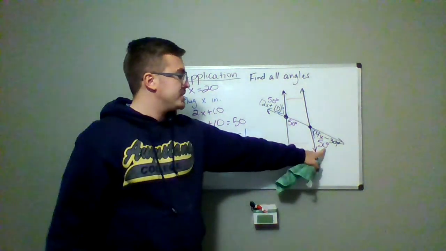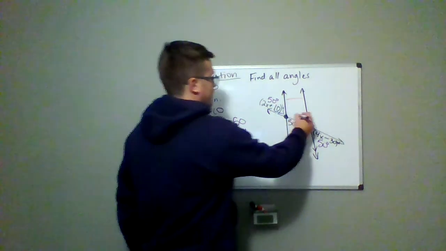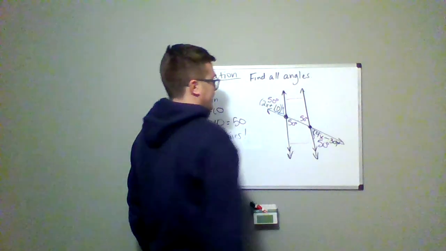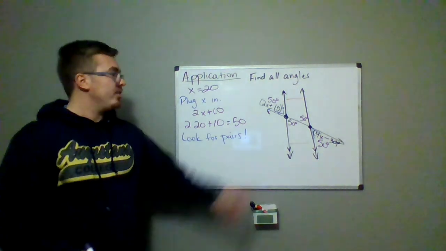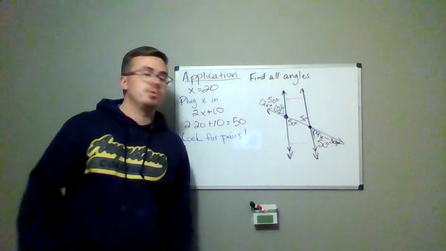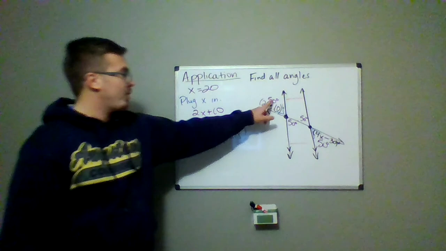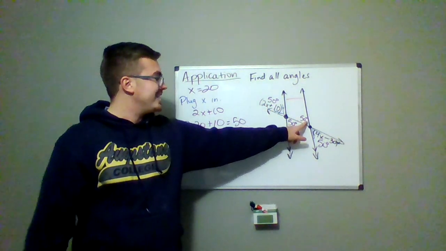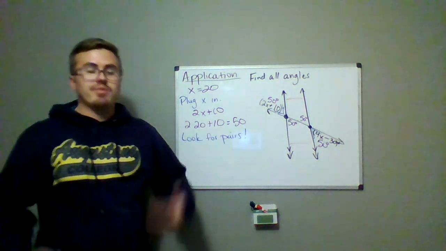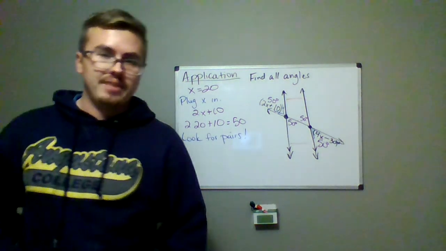Which one's vertical to this one down here? This one up here, so this one is also 50. Just by looking at the vertical angles, I already know all of the ones that are congruent to 50, because this one corresponds to this one, and this one is alternate interior to this one. So I've got all of my pairs that are 50.